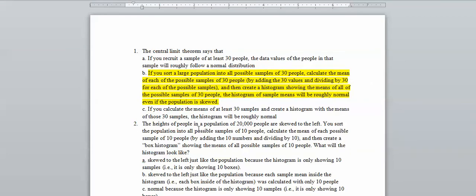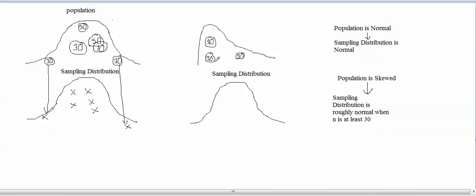This one isn't correct because choice A is saying that if you recruited a sample of 30 people from a skewed population, those 30 people's heights would follow a normal distribution. And that's not correct. If you take 30 people from a skewed population and create a histogram with the heights of those 30 people, what you have is a histogram of the heights of people inside one specific sample of 30 people.